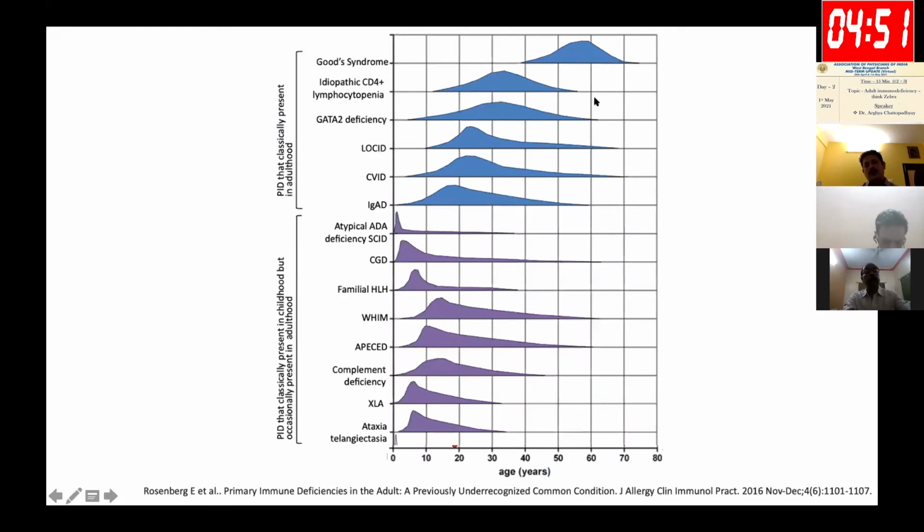If we look at this, the x-axis comprises age in years, starting with 10, 20, 30, 40, and these are the names of the diseases. The upper part shows the PIDs that classically present in adulthood.